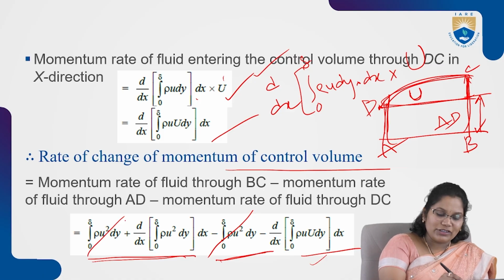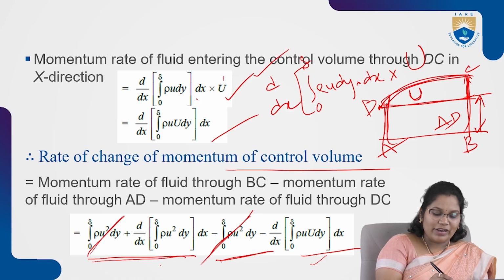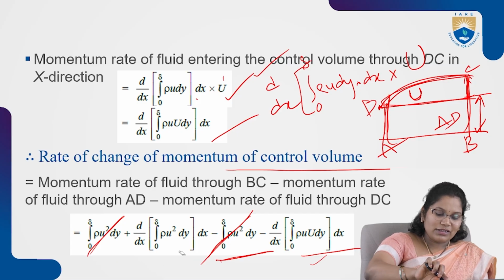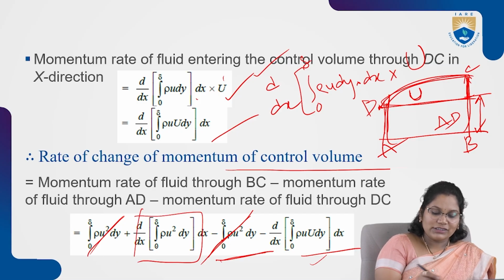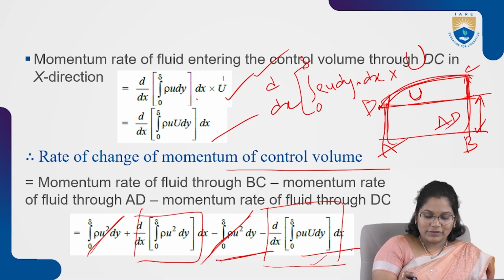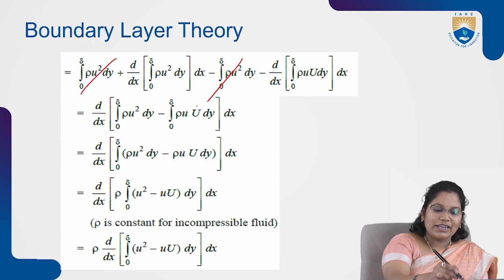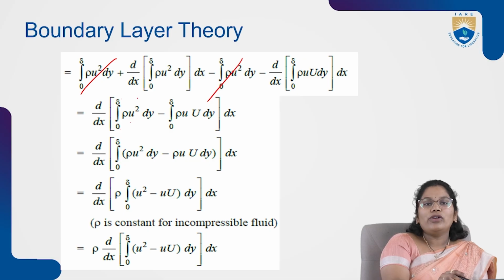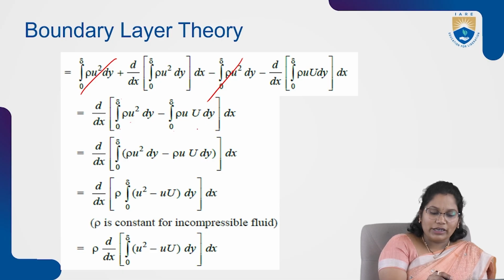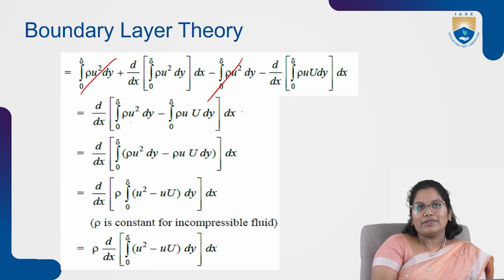you will get this, two terms get cancelled, and the leftover is this and this, right? So the only term left is d by dx integration of 0 to delta rho small u square into dy minus integration of 0 to delta rho small u into capital U into dy, into dx.